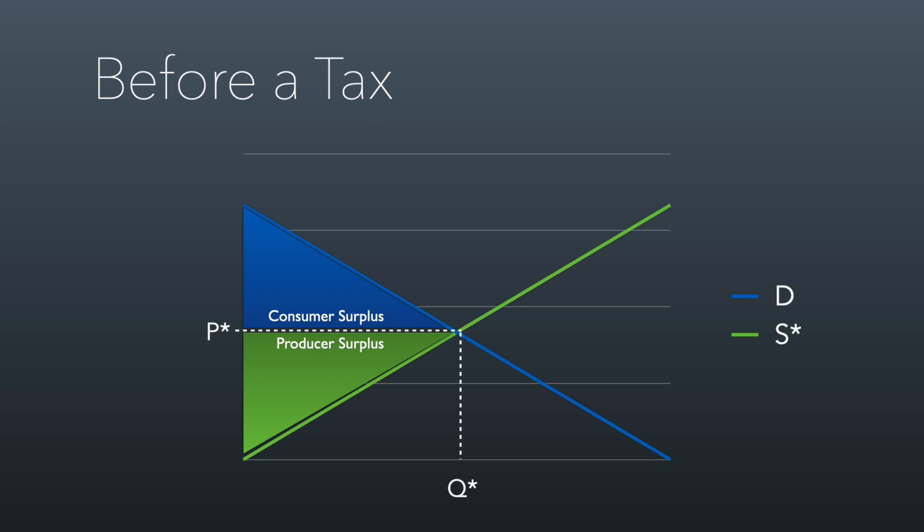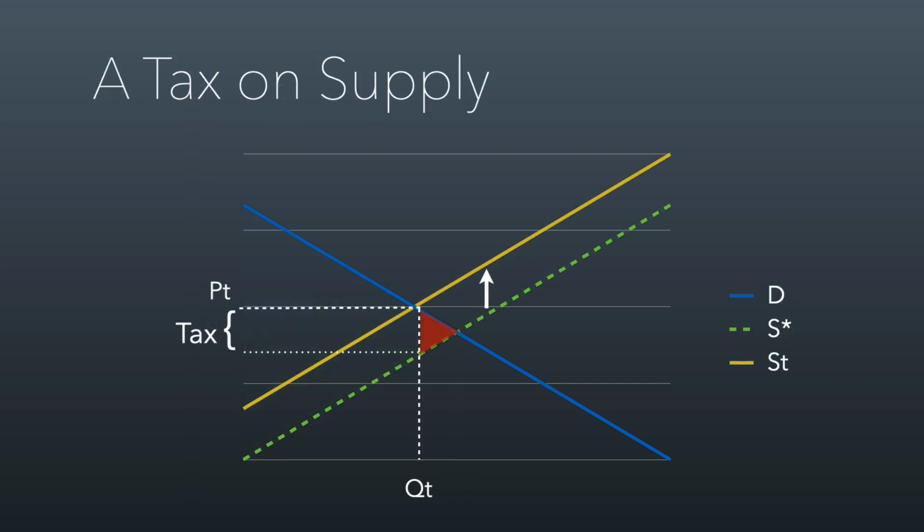Let's take our nice undisturbed market and let's apply a tax to it. If we impose this kind of a tax, and this is where we apply a per unit tax on suppliers, meaning if you're a person who sells cereal, we're going to tax you a certain amount on each box of cereal that you produce and sell. This is a per unit tax, and let's pretend that it's about $1 per box.